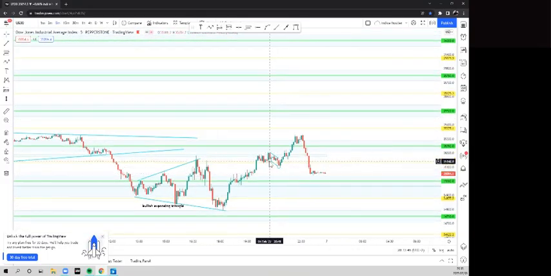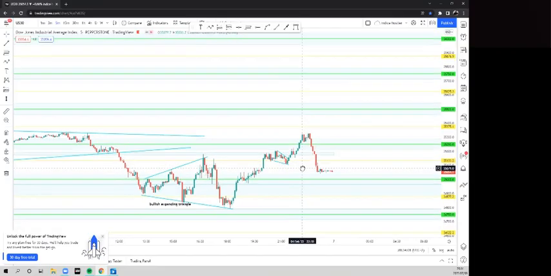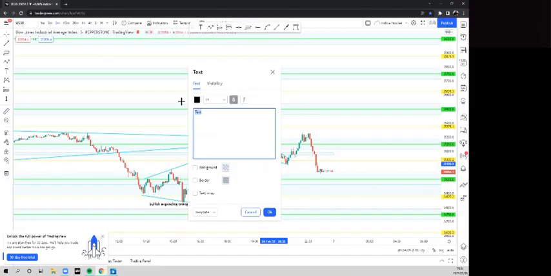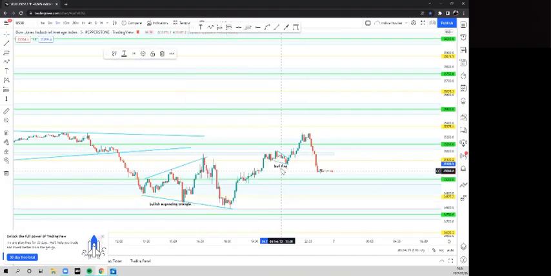So what we want to do now, we want to neaten this. Add in text. And I lock that in also.